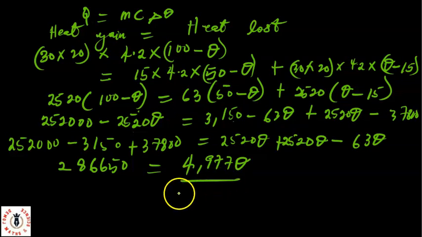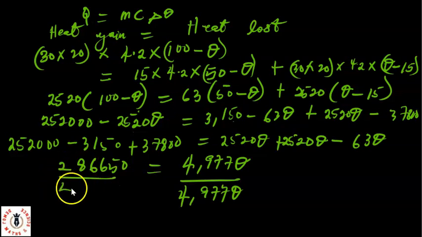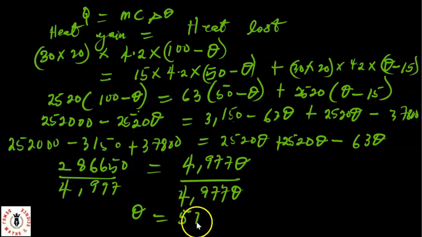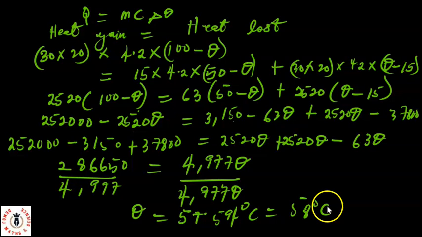Now let's divide both sides by 4,977, so that theta will be equals to 286,650 over 4,977. By the time you divide that, you should come up with 57.594 degrees Celsius, which is approximately 58 degrees Celsius.